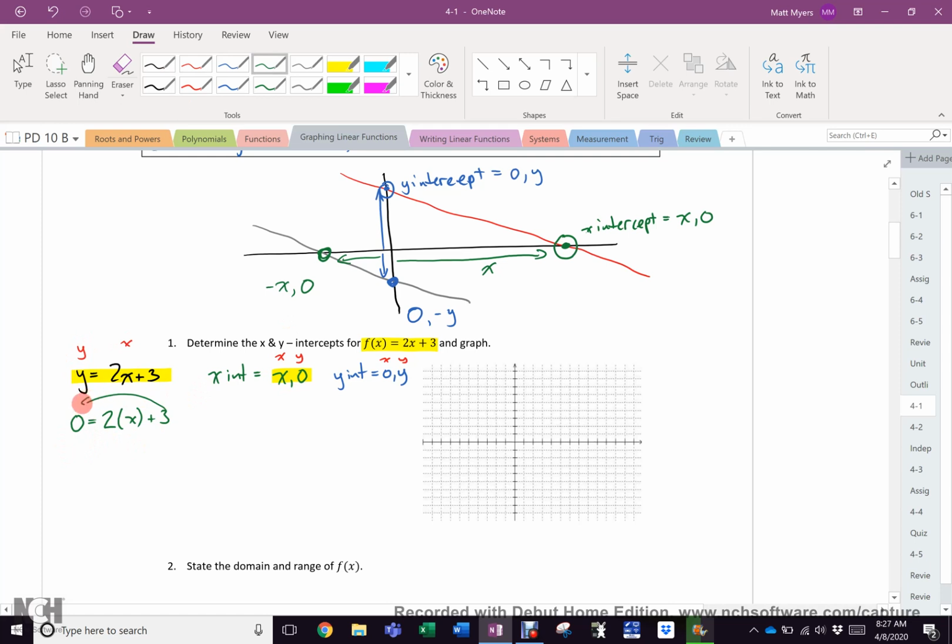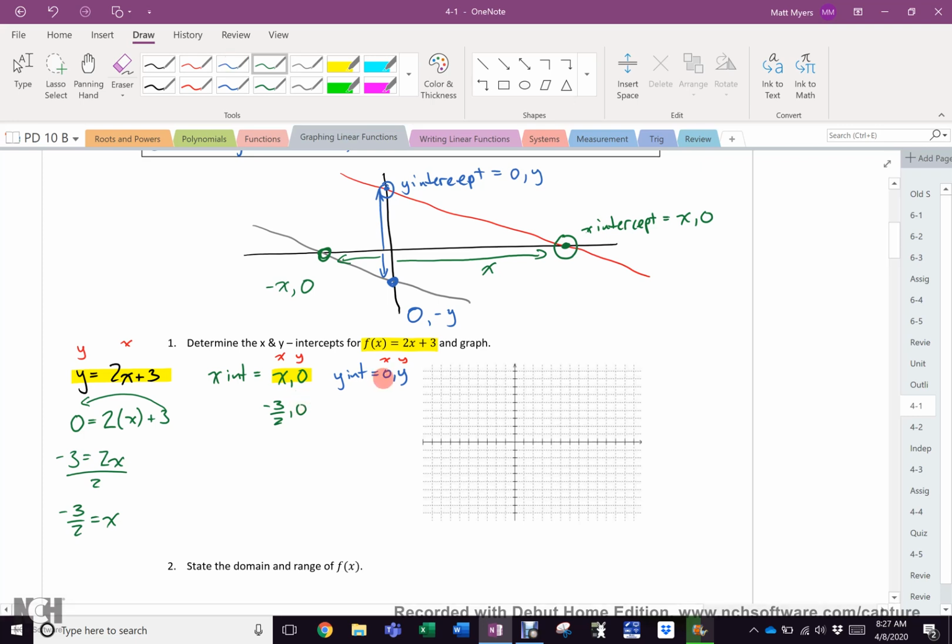Bring that over here. Negative 3 equals 2x. Divide both sides by 2. Negative 3 over 2 equals x. What do you see right there? The letter x. X is negative 3 over 2. So this is negative 3 over 2, 0.